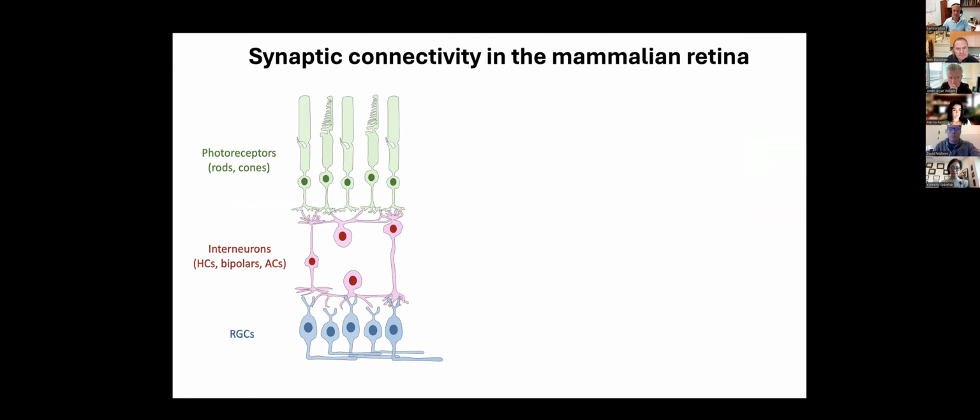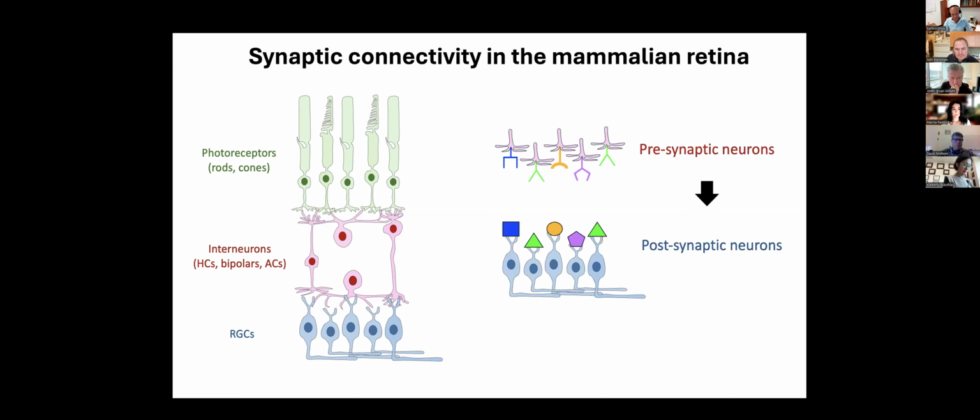These then make synapses to your retinal ganglion cells. For this RESTORE meeting, we've been really interested in what happens when you lose these retinal ganglion cells. Not only what happens when you lose them, but how do we bring them back and have them restore their connections?